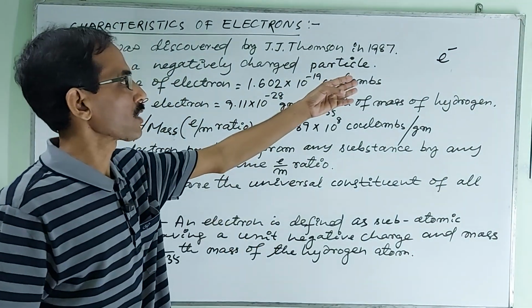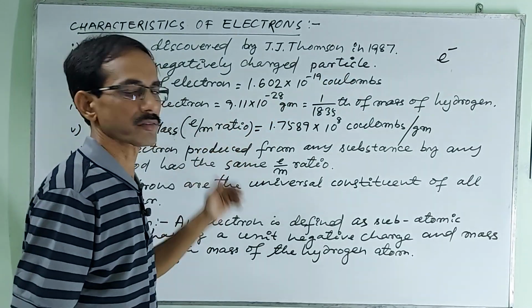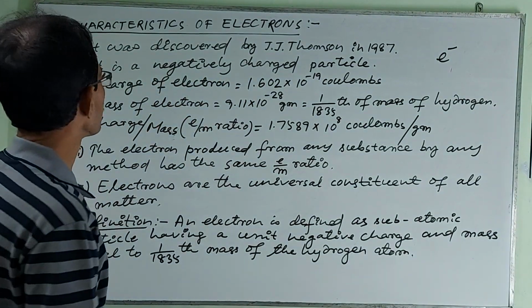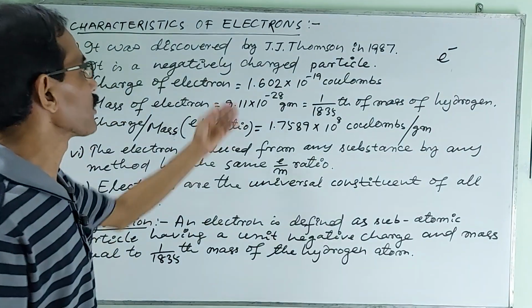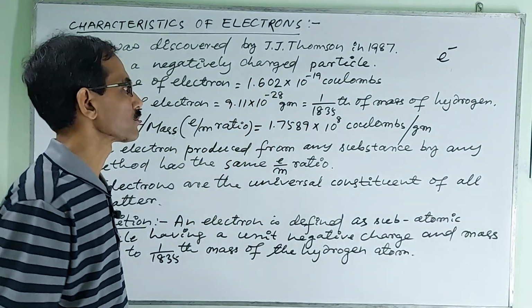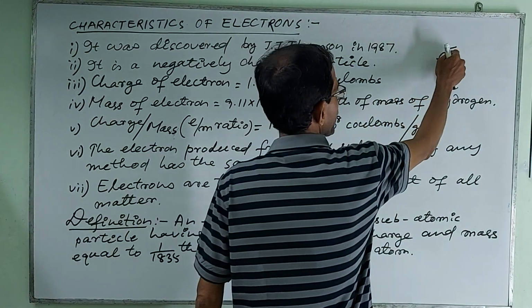Why the electron has been assigned negative charge, I have explained earlier. Charge of electron: what is the charge on the electron? 1.602 into 10 to the power minus 19 coulombs. That is the charge on the electron. It is negative charge.